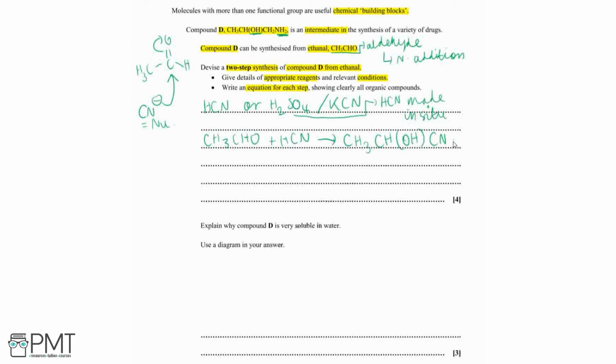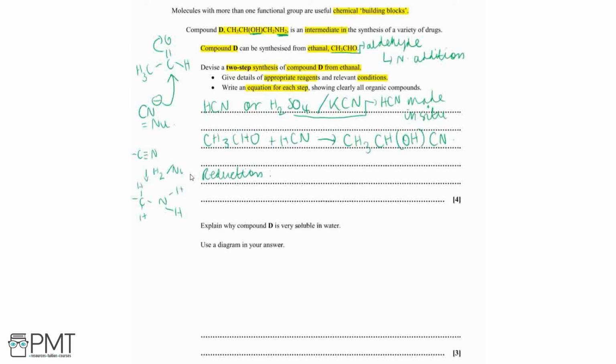So we've currently got a nitrile on the end of our intermediate, and we need to go from a nitrile to a fully saturated amine and carbon-based group here. So to do this, we're going to need to add some hydrogen, and we're going to need a nickel catalyst for this reduction reaction overall.